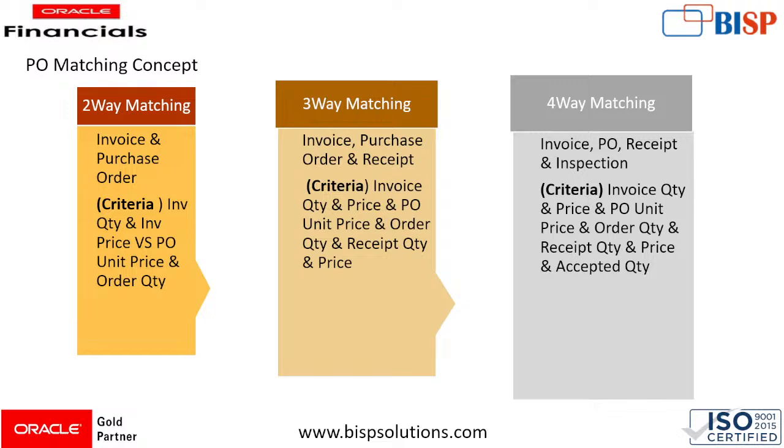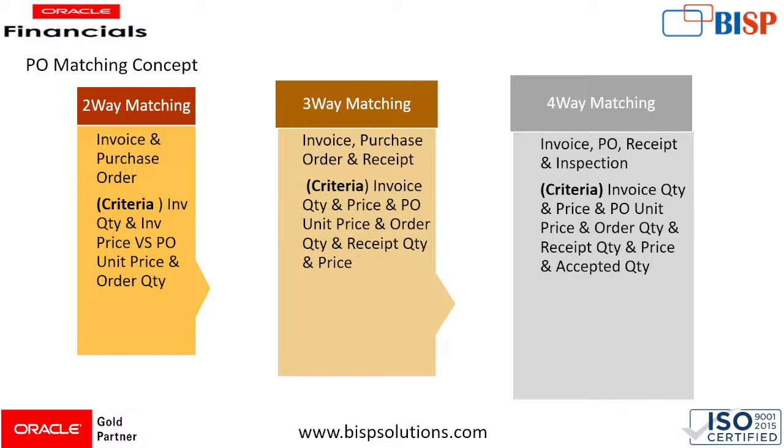And in the 4-way matching, you have the invoice, purchase order, receipt and the inspection, right? Here the criteria are the invoice quantity and price, the PO unit price and order quantity, the receipt quantity and price, and the accepted quantity.